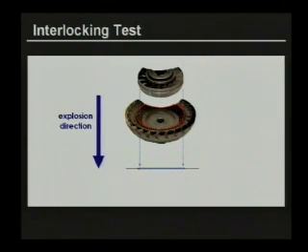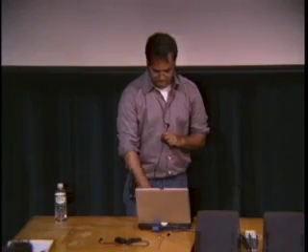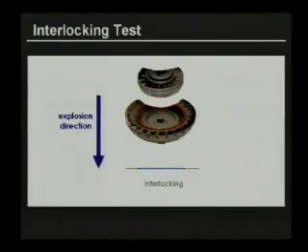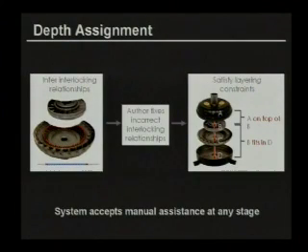And if one extent fits inside the other extent, then we know that one object is fitting inside the other object. Okay. So in this case, these two parts are interlocking, and we can feed all of these constraints to our constraint-solving system to infer the layering relationships between parts.